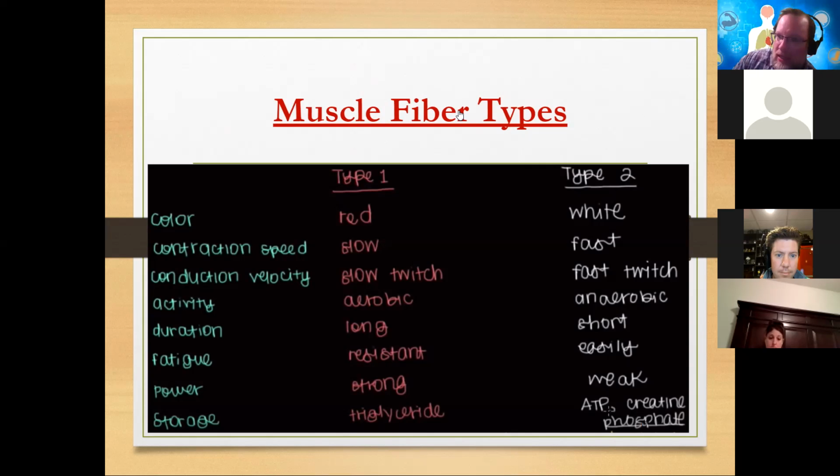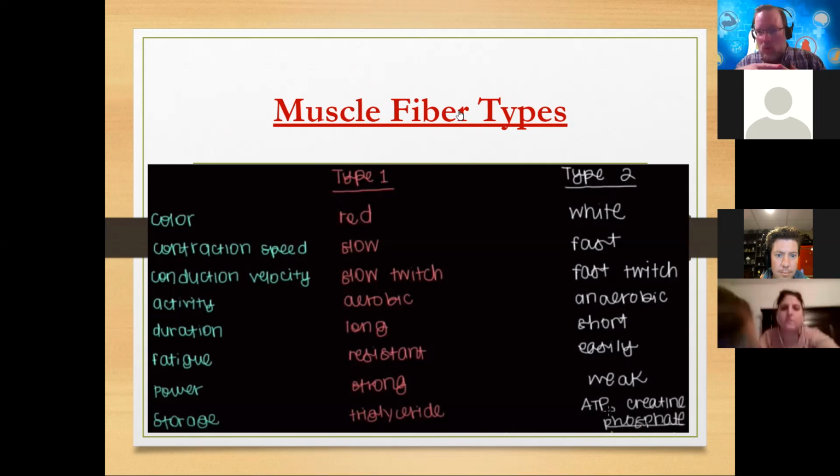So when you're in that isometric state, we have what's called an oxygen debt. When an oxygen debt occurs, anaerobic respiration kicks in, which means lactic acid builds up, and so you're going to have some of the soreness.